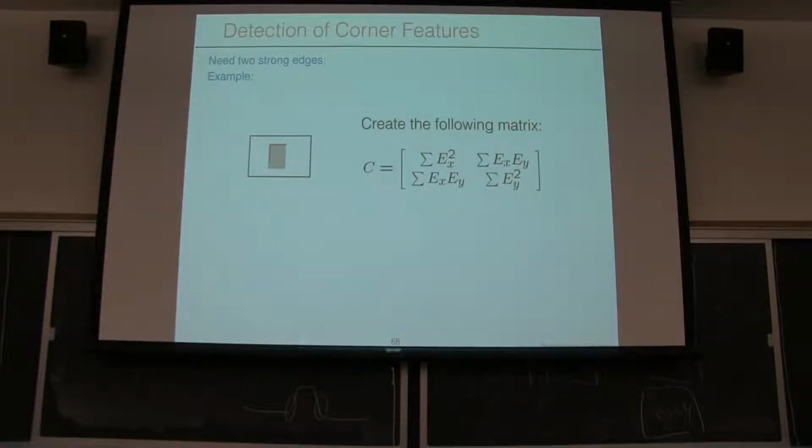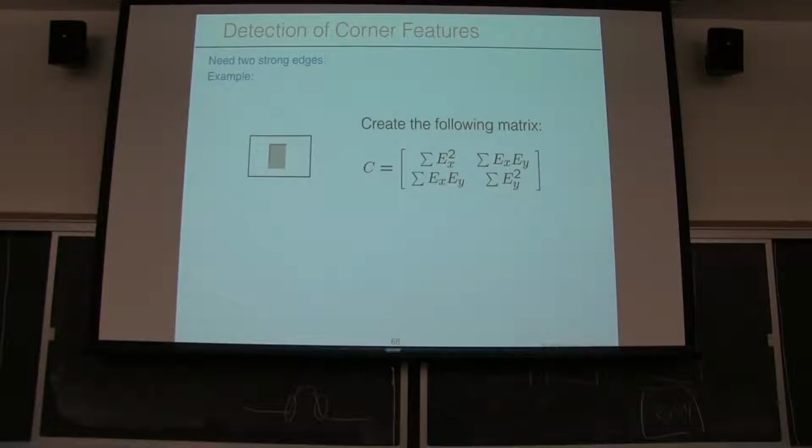What does the gradient vector look like? Are both components going to be large? One, only one, right? Which one?